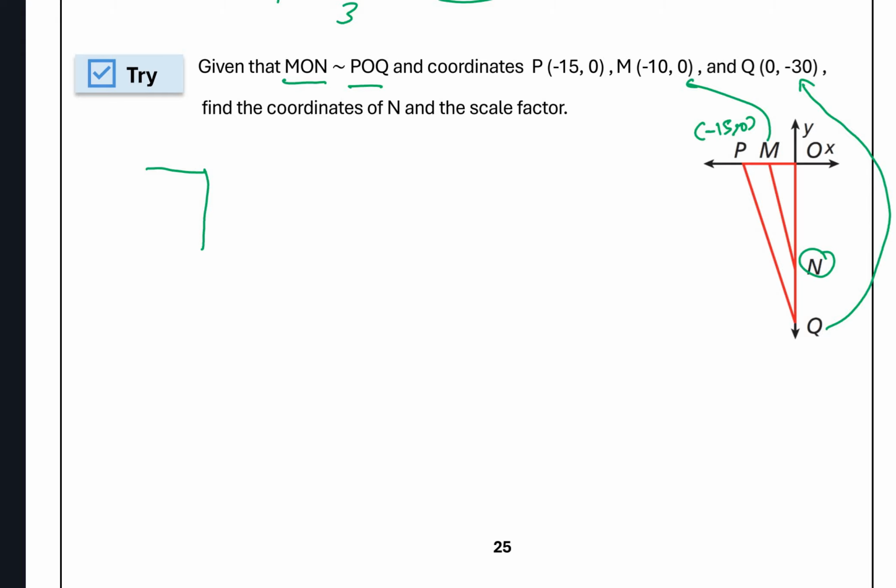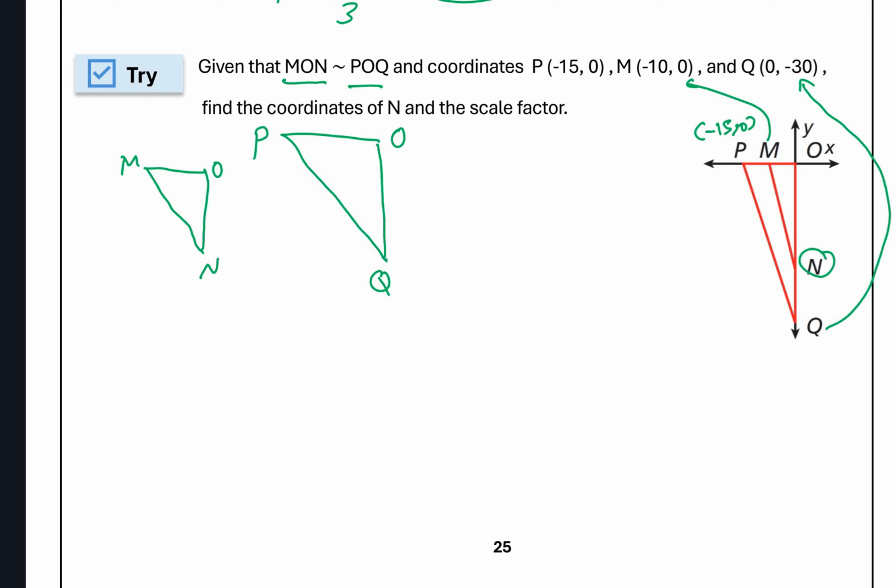So this is the first triangle, which is based on O, M, and N. The small part. The big triangle is based on what? Let's write. The big triangle is about O, P, and we can say Q. Okay, students, again we can use the distance formula.